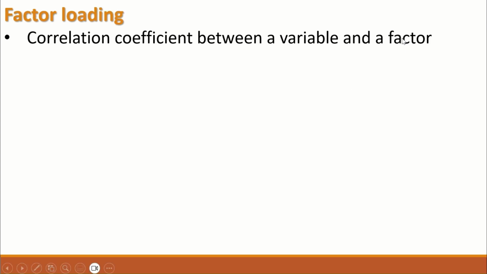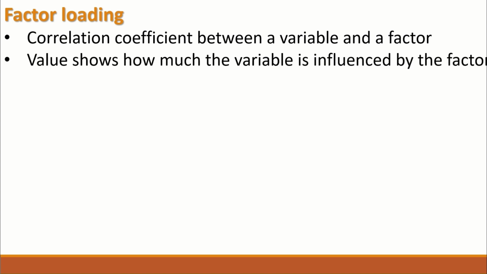There is another value that we need to examine, which is called the factor loading score or value. Factor loading is a correlation between an item and a factor. So it is a correlation coefficient between a variable and a factor. A value will be given, and it's called the factor loading.